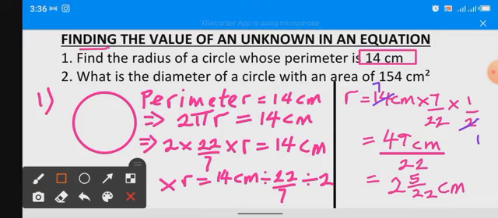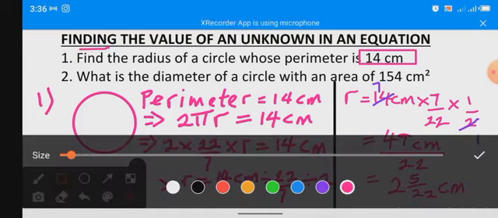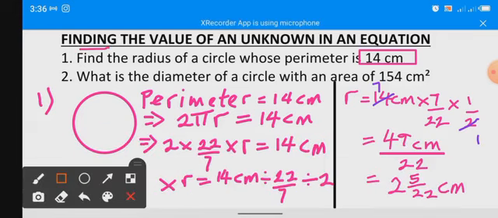Now in this question we know that it has to do with perimeter, right? What we do first is we write out the information. The perimeter is 14 centimeters. Mathematically, it could be written as perimeter equals 14 centimeters.